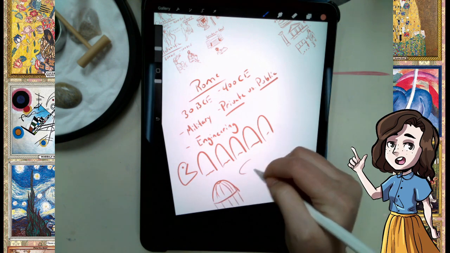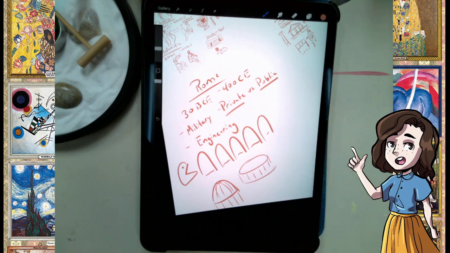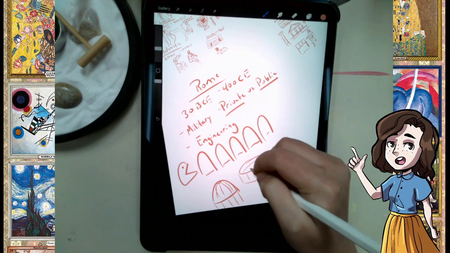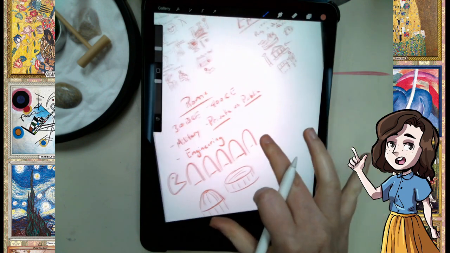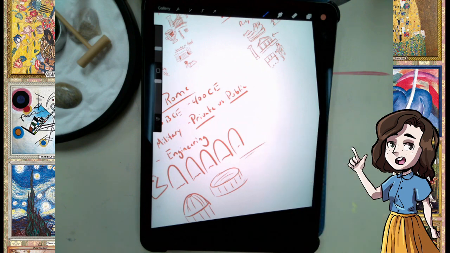They really like to deal with circles. The Colosseum, right, is going to have that big circular structure, and they're able to do all of this along with things like aqueducts and engineering tools, basically like cranes.